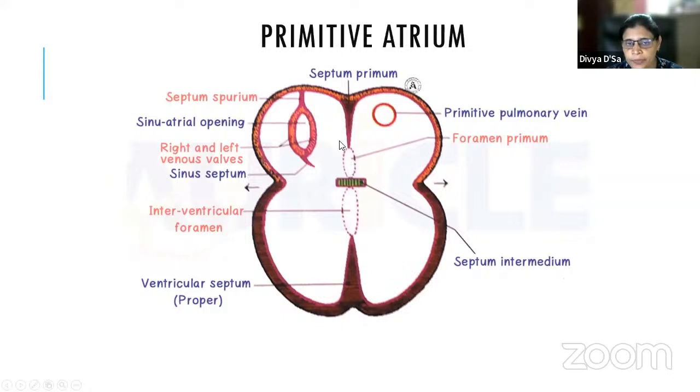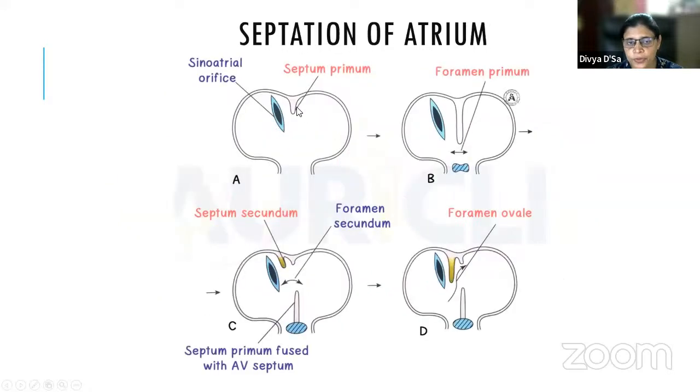Next, this septum primum will go towards the AV cushion, and then it will fuse with the AV cushion. When it is fusing with the AV cushion, it separates from the roof here. So that is the third step: the fusion of the septum primum and separation from the roof.